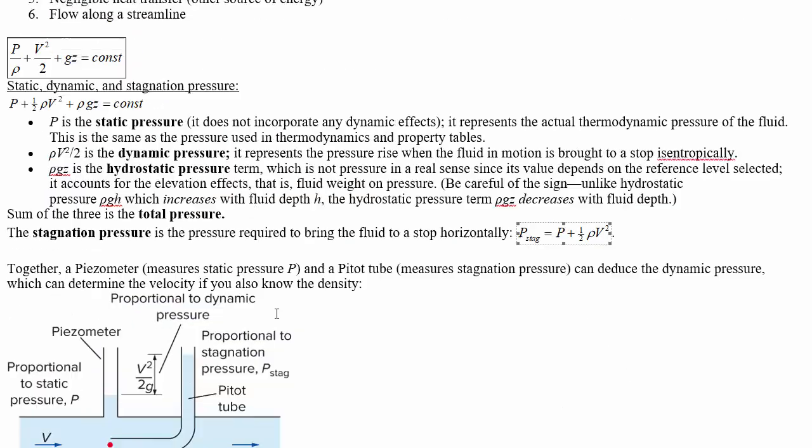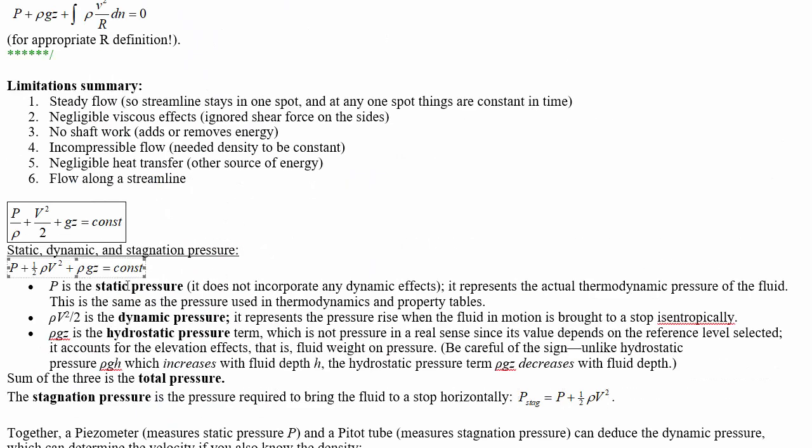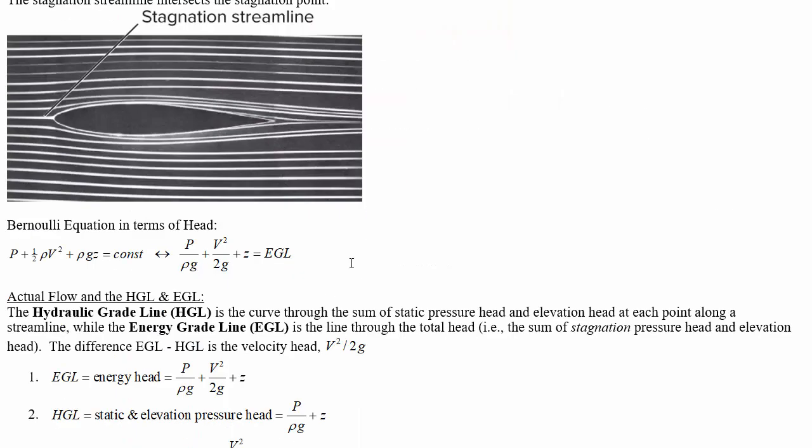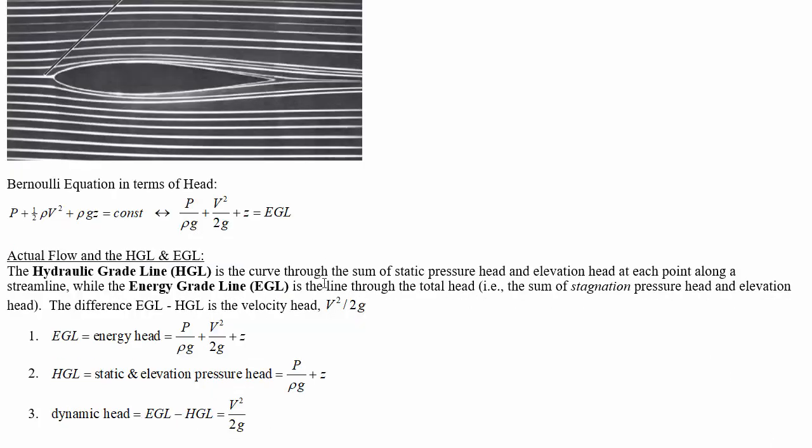In addition to writing the Bernoulli equation in terms of pressure like we did there, you could also write it in terms of head. So here we've got the Bernoulli equation written in terms of z, so kind of like units of distance, units of depth. This is often a very convenient unit to talk about.